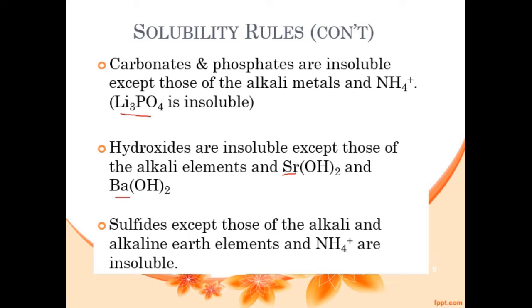Sulfide. Again, the exceptions are the alkali and alkaline earth metals, group 1 and group 2 of the periodic table, and also ammonium. So sodium sulfide and group 2 barium sulfide are soluble.